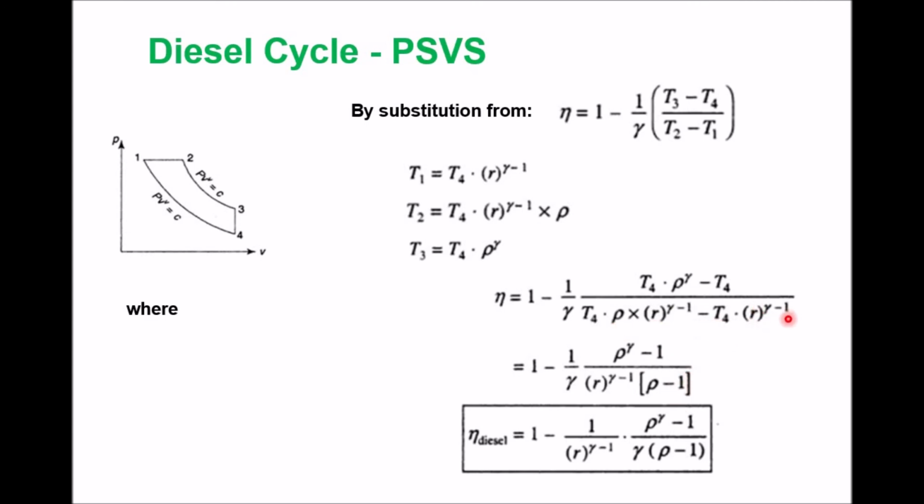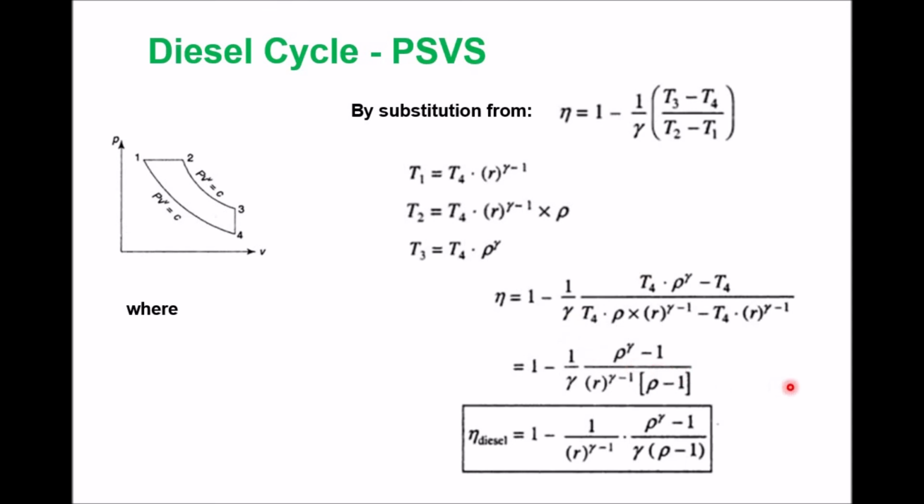So this is a common factor. If you distribute this one to this one, you go back to this equation. Considering T4 cancels out, because it has a common factor of T4 here and a common factor of T4 here, T4 divided by T4 is equal to 1.